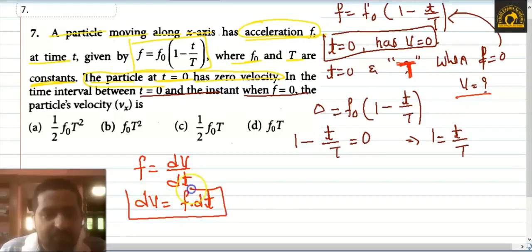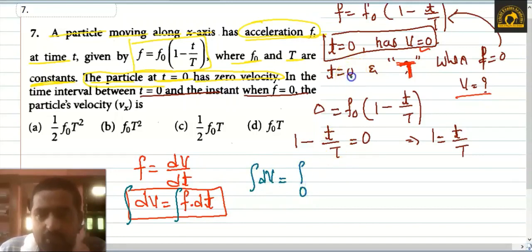This is the equation, and the initial velocity is 0. Now integrate on both sides: the integration of dv is equal to the integration from 0 to capital T of f, where f is f naught into 1 minus t divided by capital T, into dt.